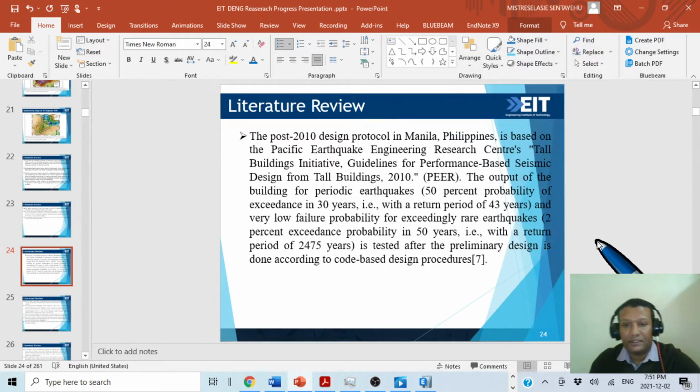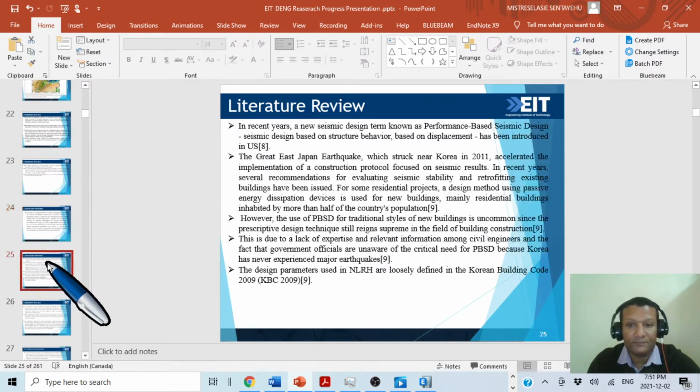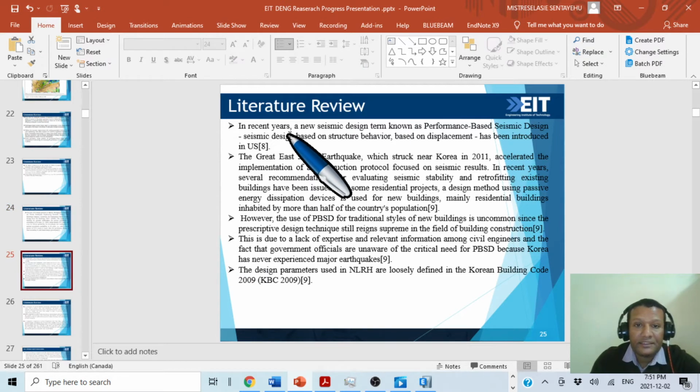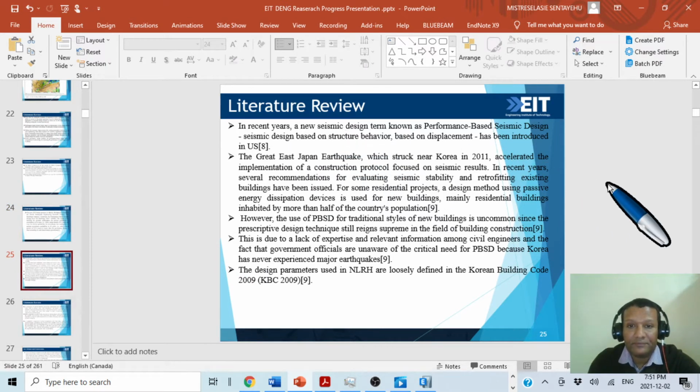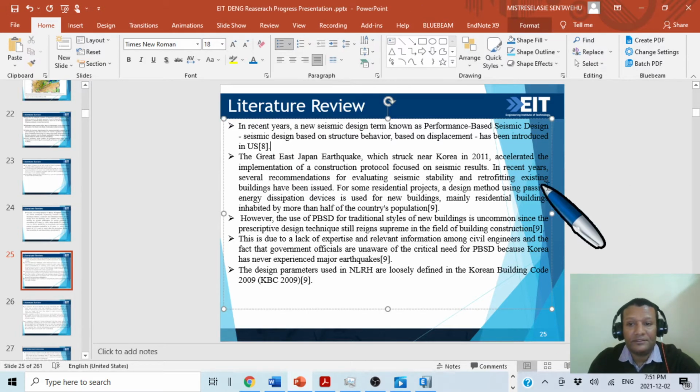So in the Philippines also, this researcher already points out they are using it. In recent years, the new seismic design term known as performance-based seismic design, based on structural behavior and displacement, has been introduced in the US also. So as per this researcher, not only in the Philippines, the US also they are using it.